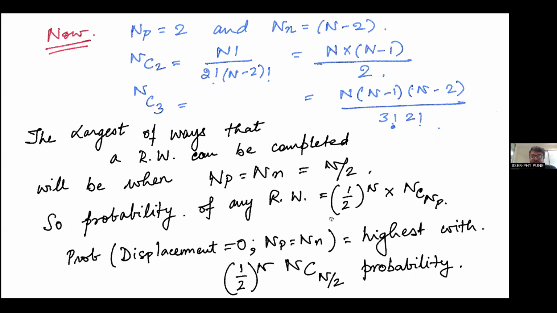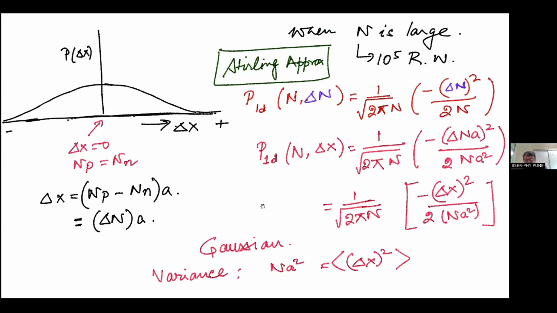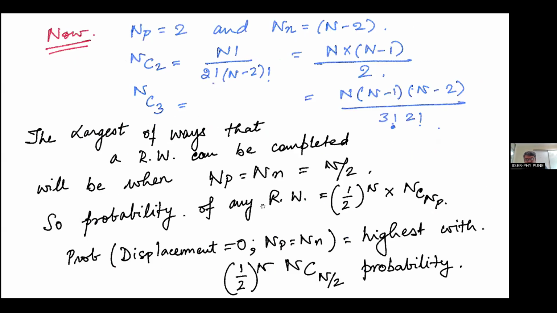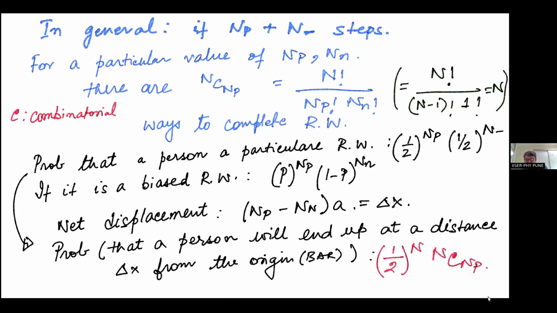Here I have basically written down, if np is 2 and nn is n minus 2, what will these various values be, you see? And you can see that as np goes from 2 to 3, this factor is increasing.